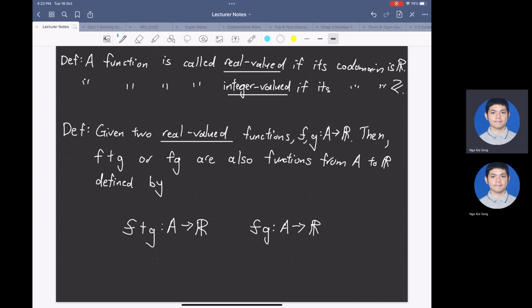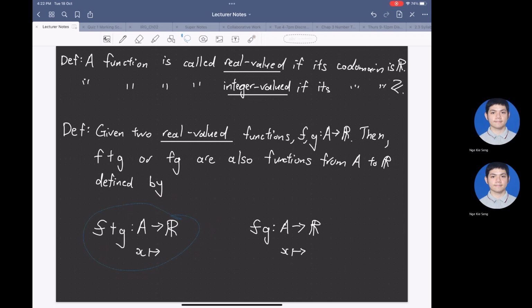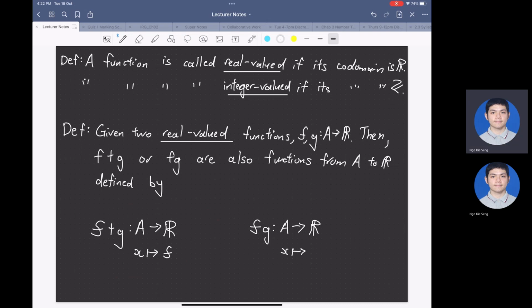How to send an element in A to what? So for the sum, any idea? How should you define this element here?